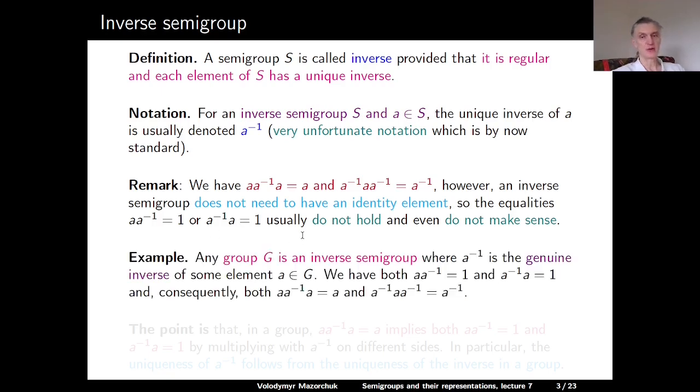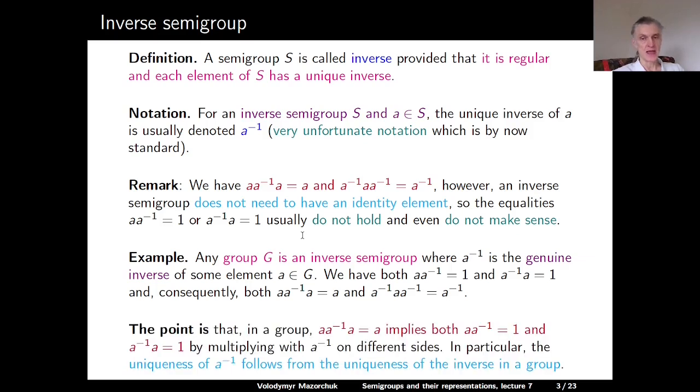A typical example of an inverse semigroup is a group where the inverse is our usual genuine inverse. So in a group, we always have A times A inverse is equal to 1, and A inverse times A is equal to 1, and consequently we also have the semigroup inverse identities A times A inverse times A is equal to A, and A inverse times A inverse is equal to A inverse.